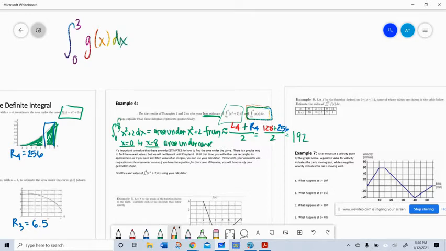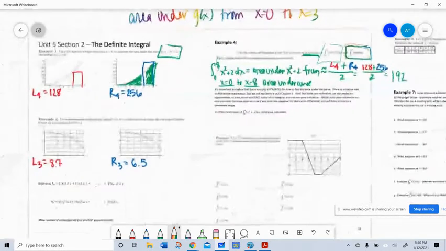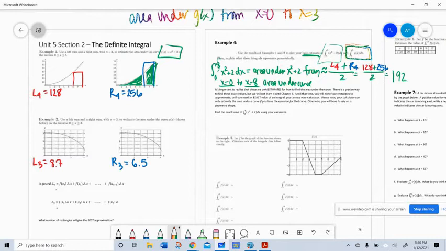Remember, what does that mean? That's the area under g of x from x equals 0 to x equals 3. So where is g of x? Well, g of x is this curve right back here. You may not have even done this yet, but here's g of x. We can see him there and there.